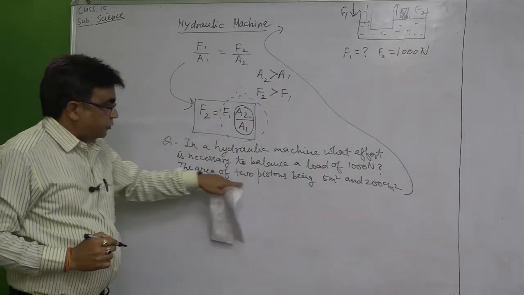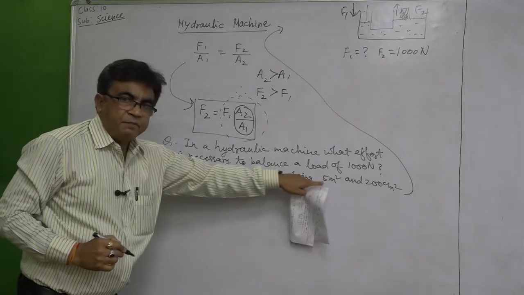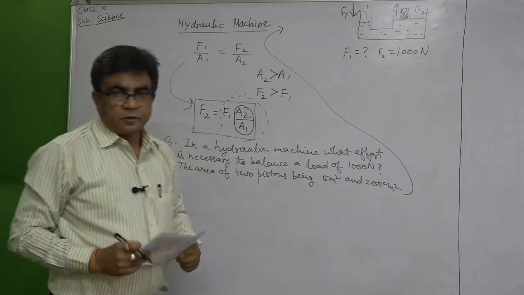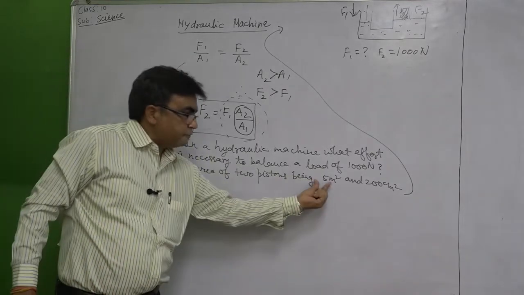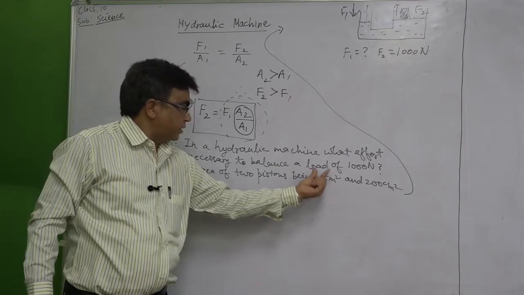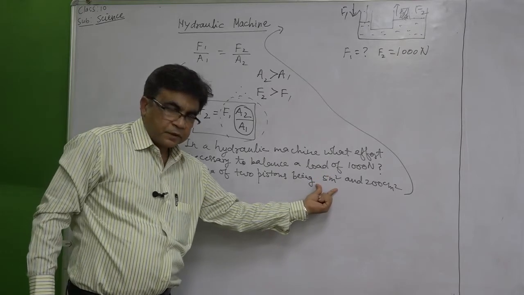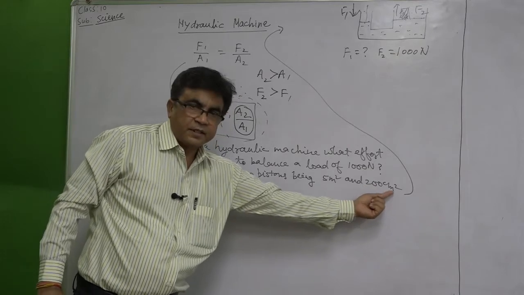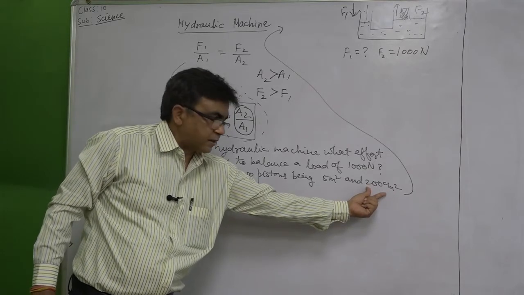The areas of the two pistons are 5 meter square and 200 centimeter square. This 5 meter square is definitely the larger piston, though the numerical here is 200, its unit is centimeter square, so it is the smaller piston.